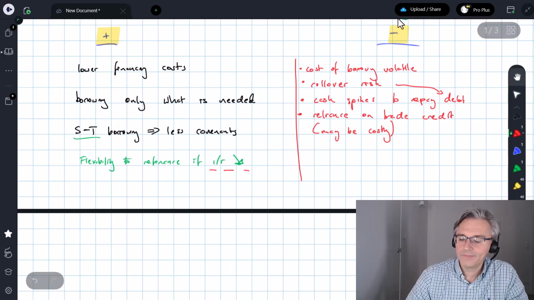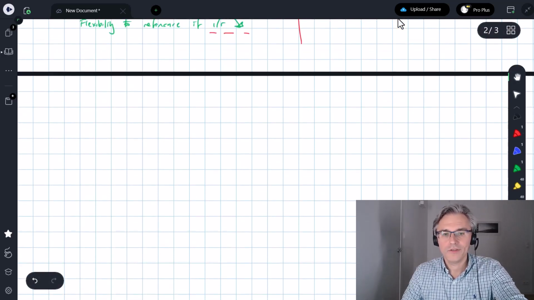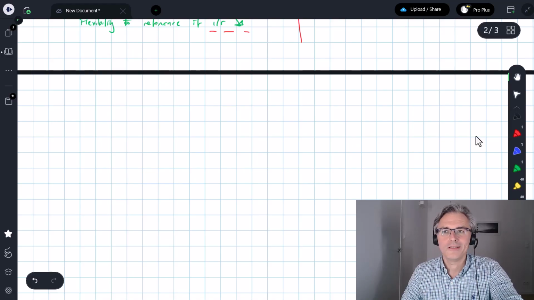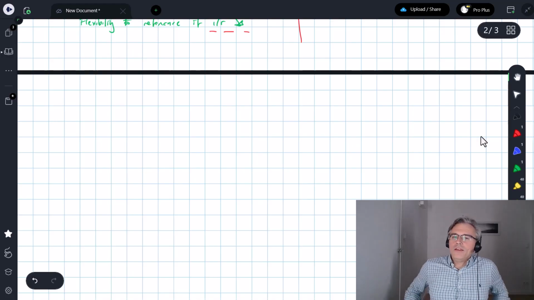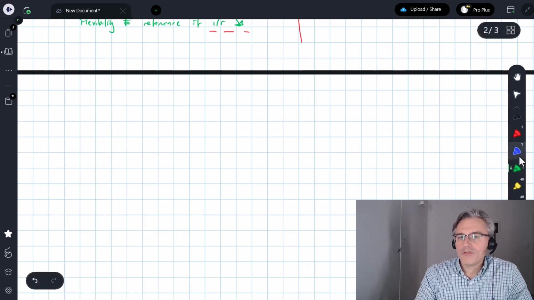And your suppliers may tighten conditions as well, may stop extending credit to such an extent. Right, when does this so-called aggressive approach make sense?